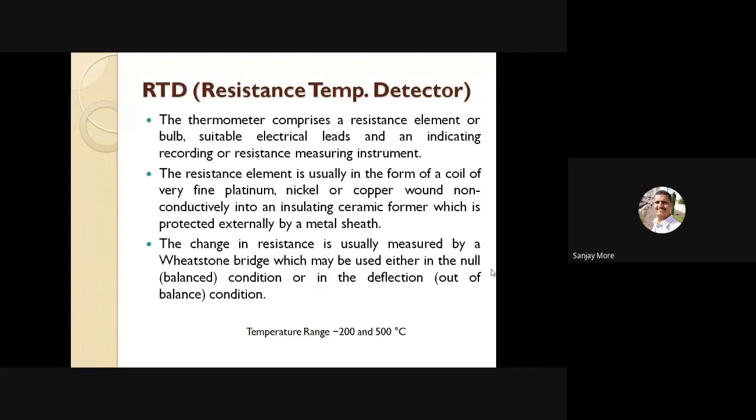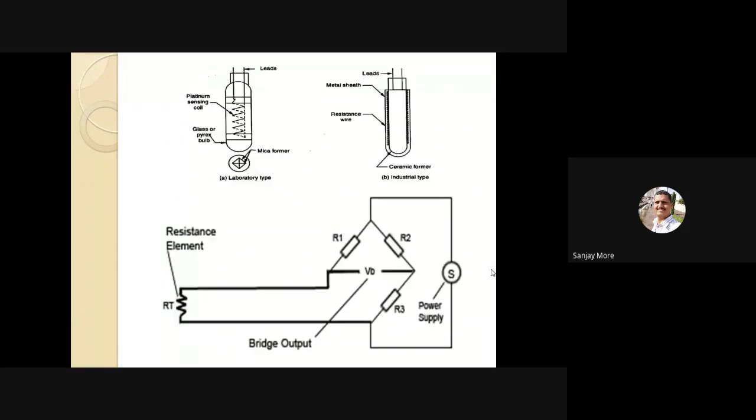Next, the third temperature measuring device is RTD, resistance temperature detector. Give the heading RTD, resistance temperature detector. I request all of you, Sir, draw this diagram under the heading RTD.